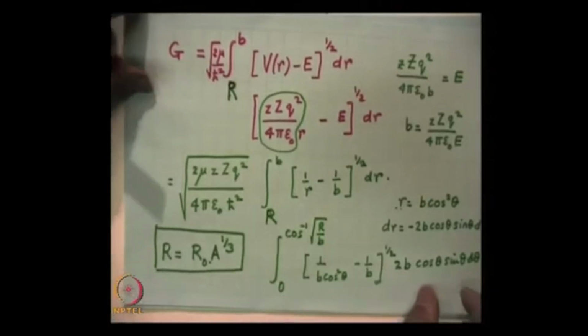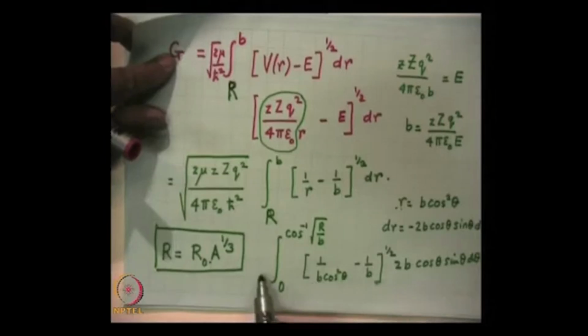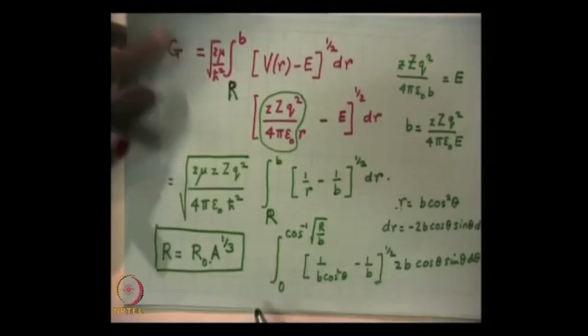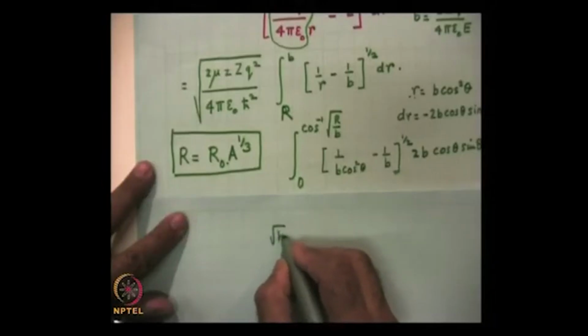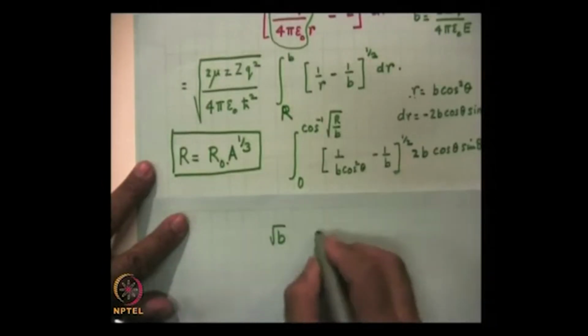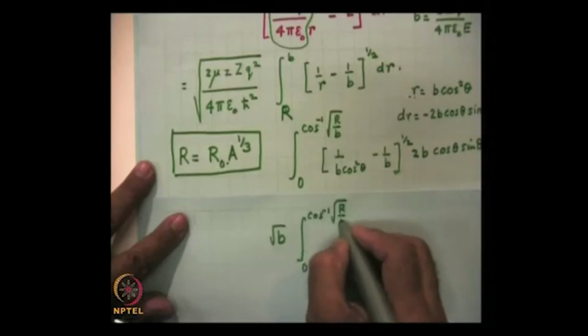So, I take the b outside and this b to the power of half comes outside. So, we will have under root of b, and this will be integral from 0 to cos inverse under root of R by b.